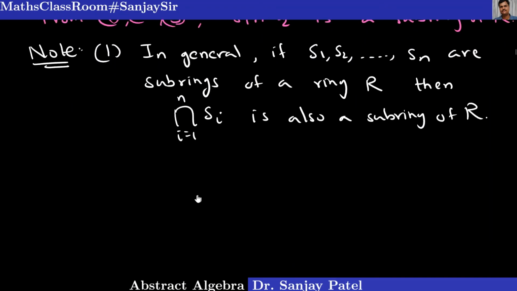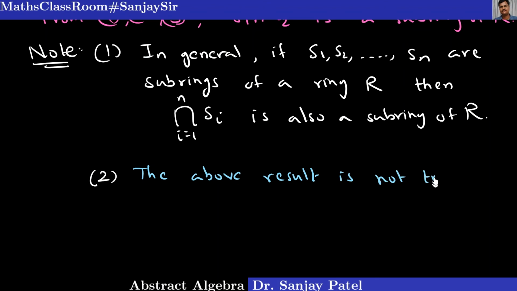Another thing is, this result is not true for the union. So the above theorem, or the above result, is not true for the union. Means if you take the union of any two subrings, then it need not be a subring.